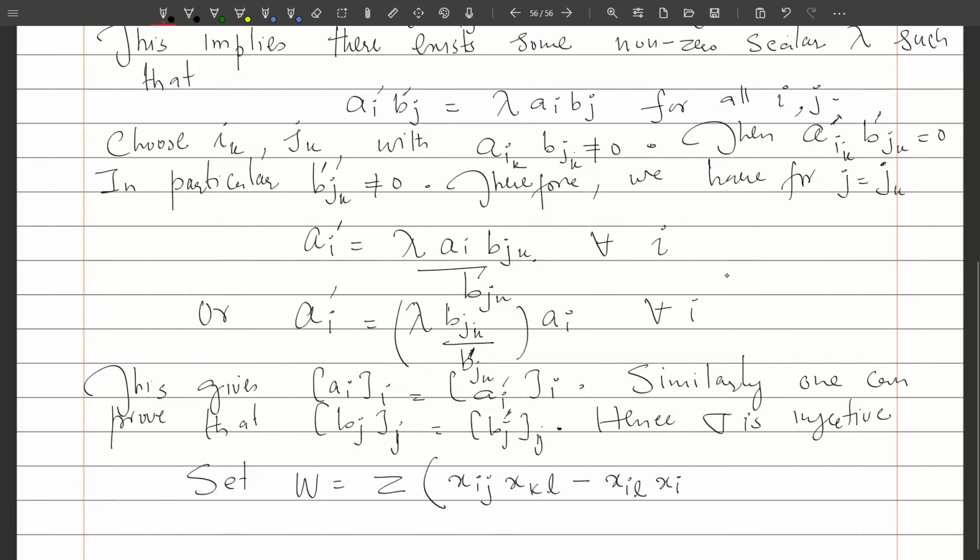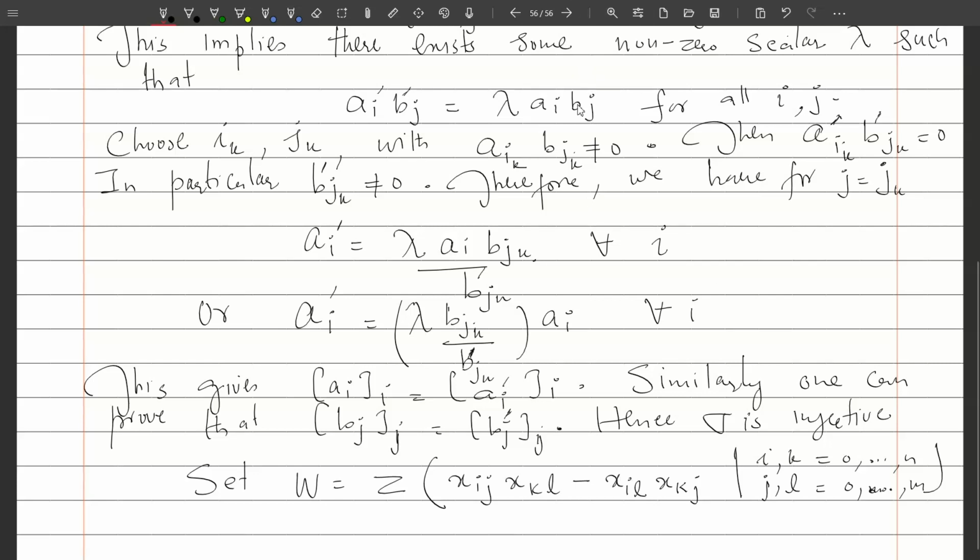So actually these xij's, they are the coordinates on the space Pn. They are the coordinate functions. Where i and k run from 0 to n, and j and l run from 0 to m. So this is what set w.